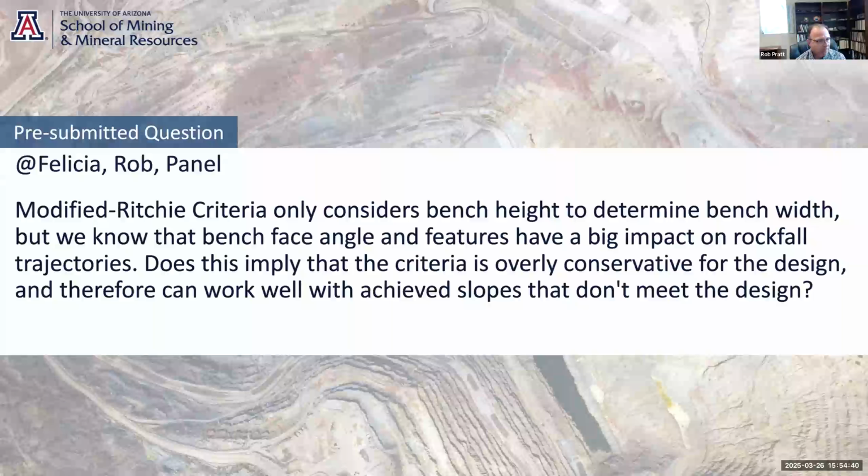Ultimately, the criteria we like to use is: what target bench width do we want to hit, and what is the reliability of achieving that target bench width? So if it's 0.2 times H plus 4.5 meters, which is the modified Ritchie relationship, how often do we have to hit that width? In some cases it will be wider, in some cases narrower.